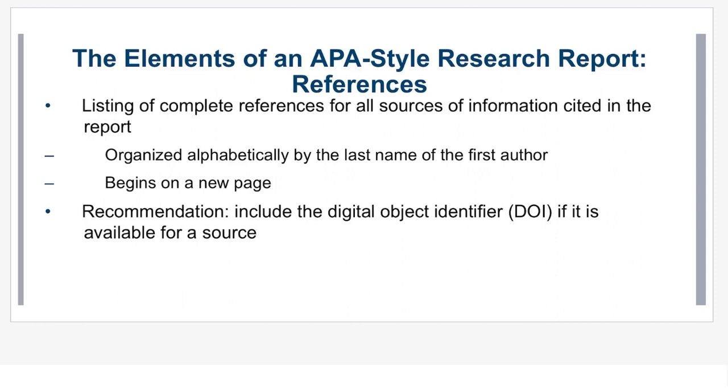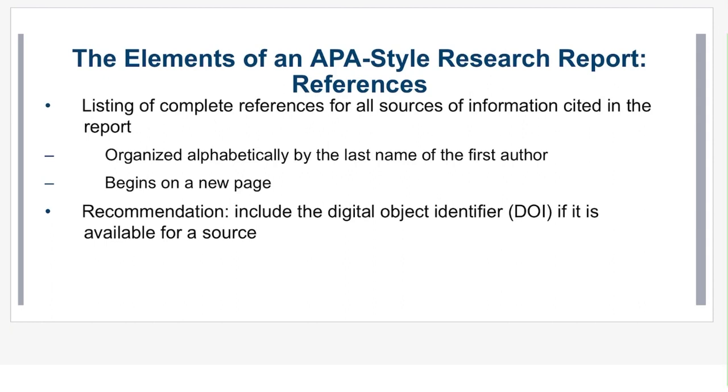As far as the format of it, it needs to be organized alphabetically by the last name of the first author. So let's say the first author for one of the studies, the last name is Smith. And then there's other authors as well, but Smith is the first one listed.